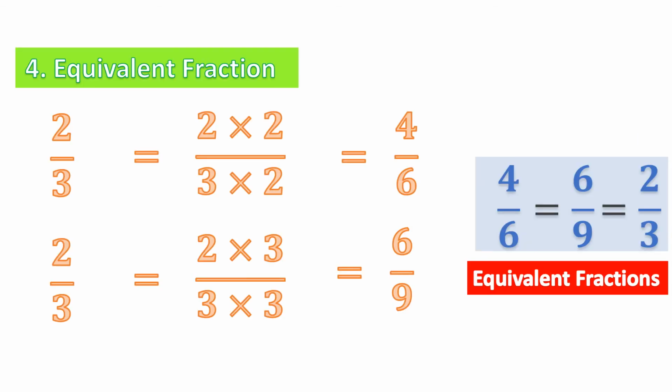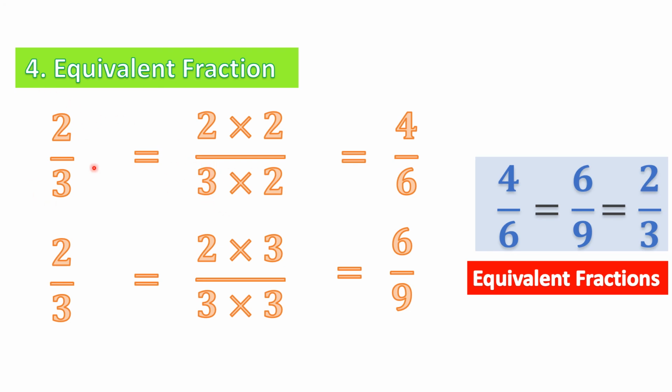So here you can see 2 by 3 is the example that I've taken. Like I showed you before, I can multiply any number I want to this 2. So suppose I multiply this 2 by 2. I should definitely multiply the denominator also by 2, right? So if I want to multiply the numerator by 2, I have to multiply the denominator also by 2.